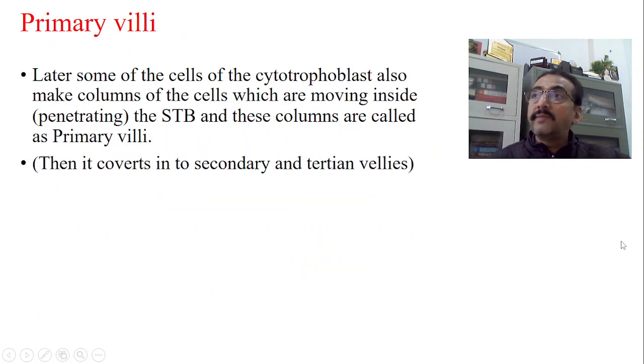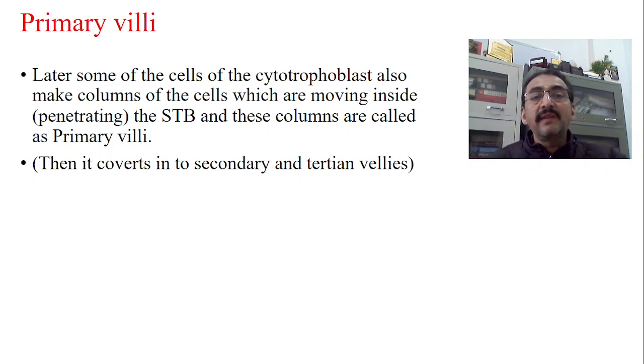Later, some of the cells of the cytotrophoblast also make columns of cells which are moving inside the STB, and these columns are called primary villi. Now from here onwards, see, the uteroplacental circulation developed from the same apparatus. Actually in future the placenta develops. So the primary villi are formed from the same.